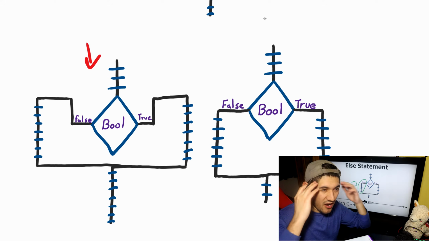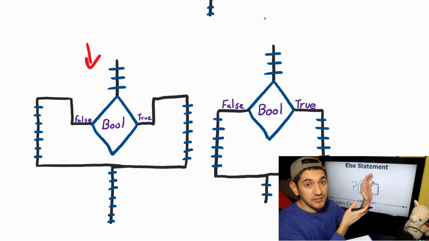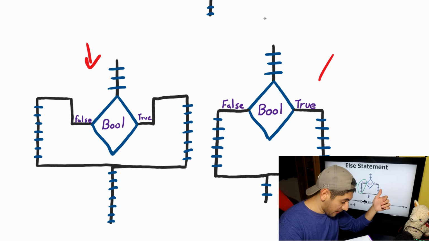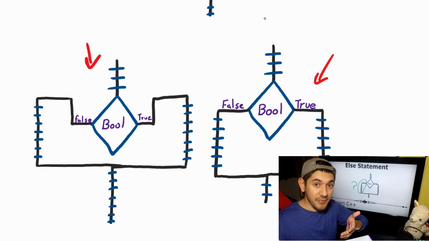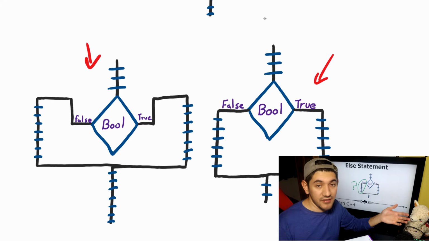On the left side, our mentality is, do I execute this piece of code or do I execute this other piece of code, depending on whether a condition is true or false. On the one on the right, the idea is, do I take my right path or do I take my left path? Conceptually, they're essentially the same thing.